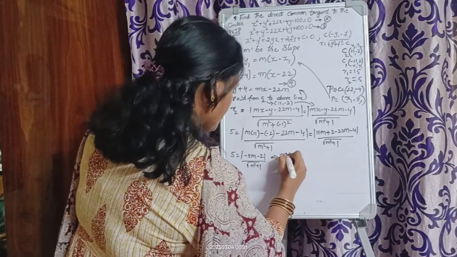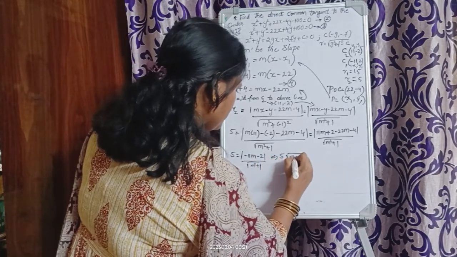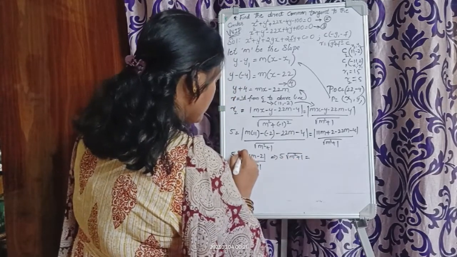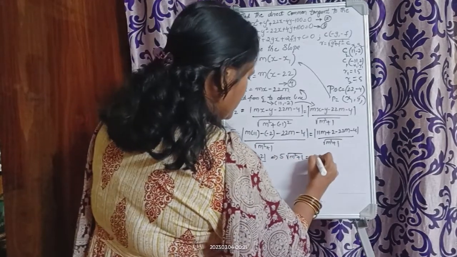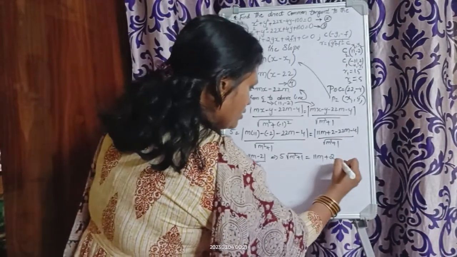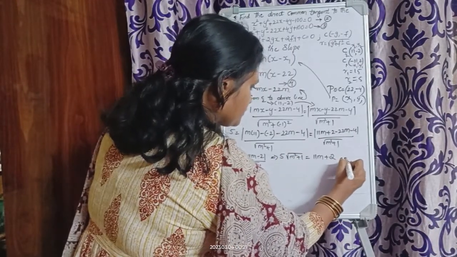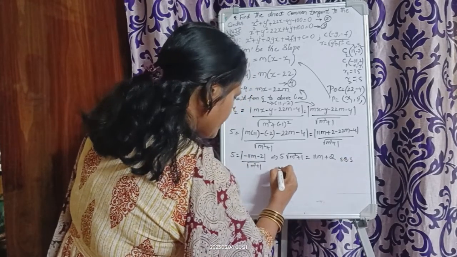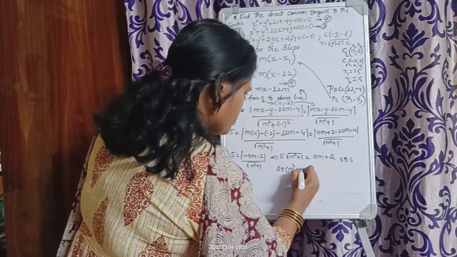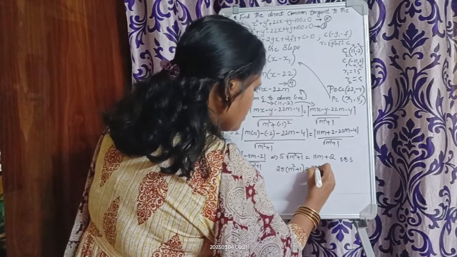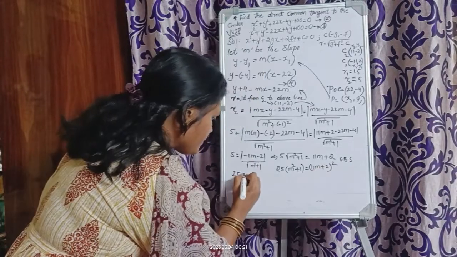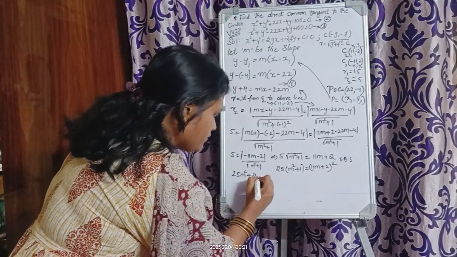Cross multiply this. Anyway, mod I'll get minus common factor, it is 11m plus 2. Squaring on both sides, we get 25 into m square plus 1 is equal to 11m plus 2 whole square. 25 m square plus 25.